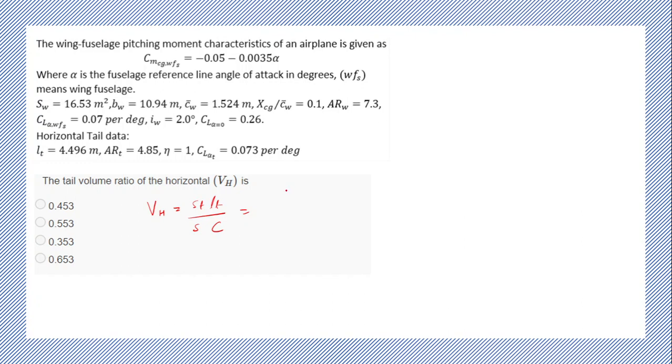We don't have the value of ST, so how do we find out this? Just look at the quantities that are given to you, see what you can find out with it.